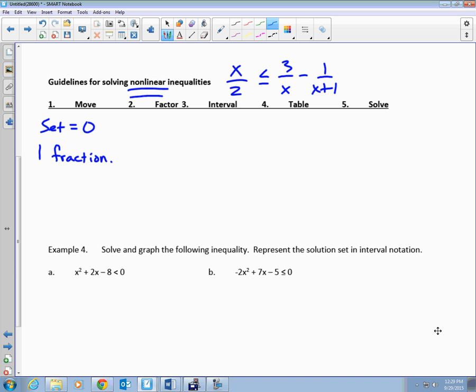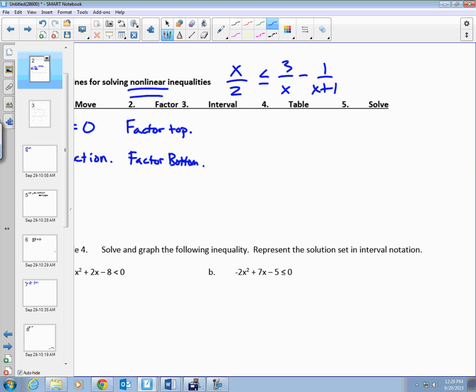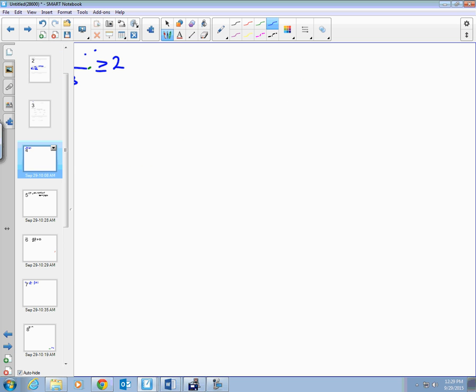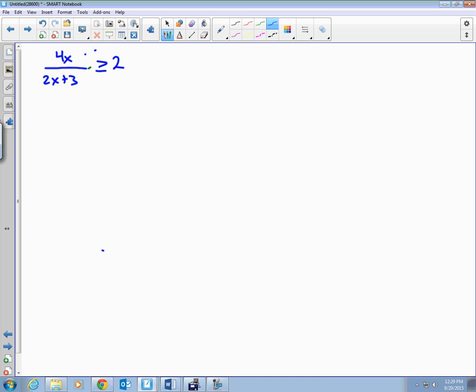Our second step is to factor the top and factor the bottom. Got it? We'll get to 3 and 4 in a second, but that's 1 and 2. Okay, so if you flip it over, you should have this at the top, right?